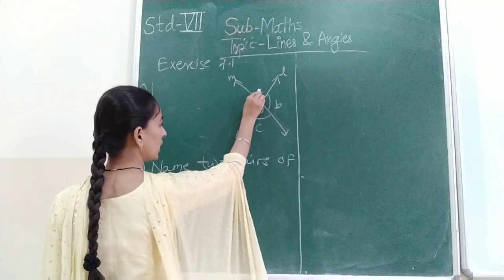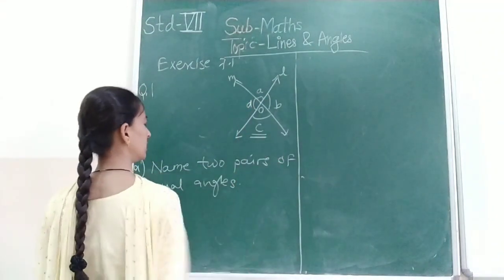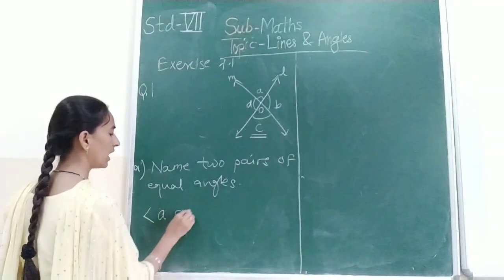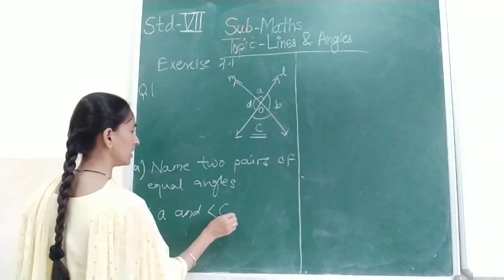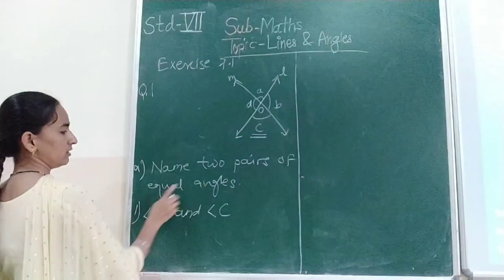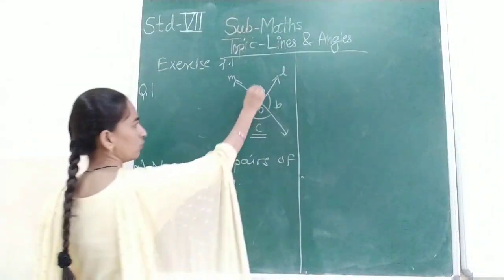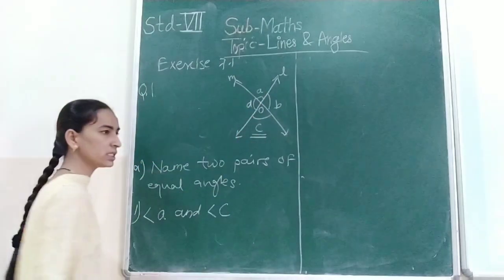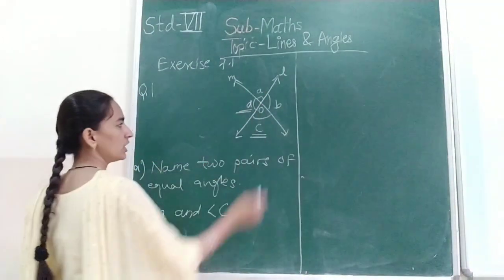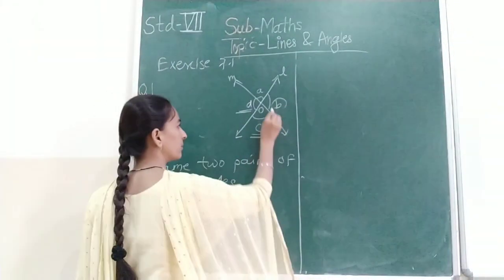So opposite to A, which angle is there? C. So angle A and angle C. This is the first pair. These two angles are equal. Vertically opposite angles are always equal. Now see, opposite to D, which angle is there?